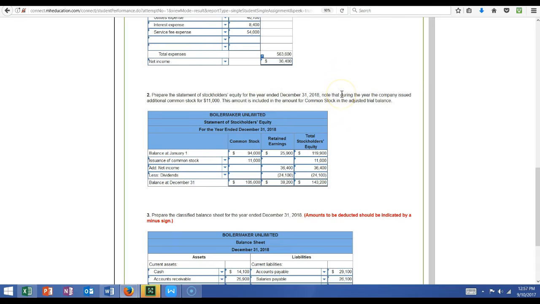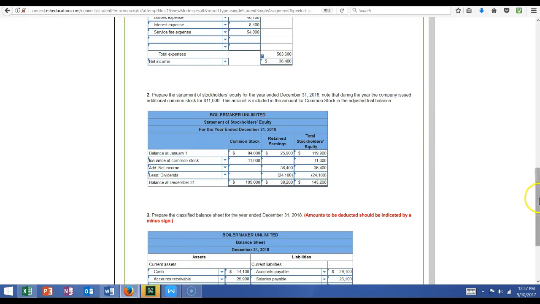Note that during the year, the company issued additional common stock for $11,000. So we have to take into account that that 105 includes that $11,000 we need to report here. So the way we figure that is we back in the beginning balance.